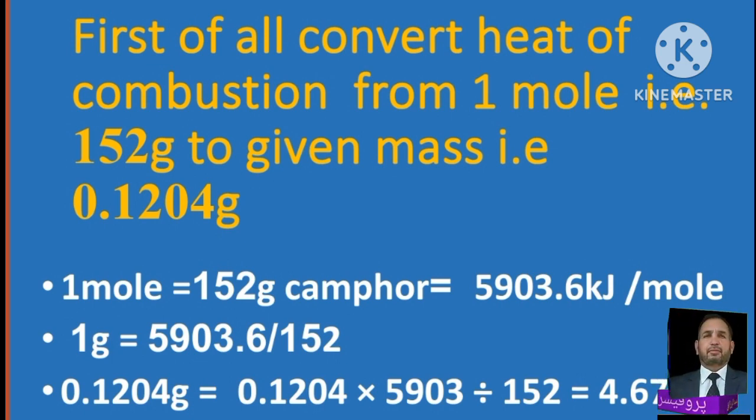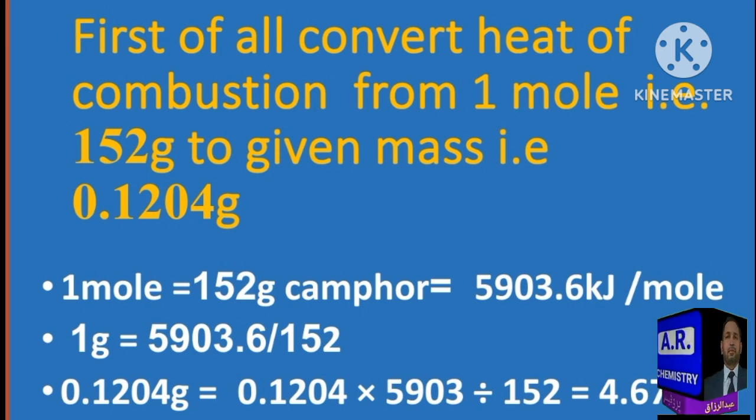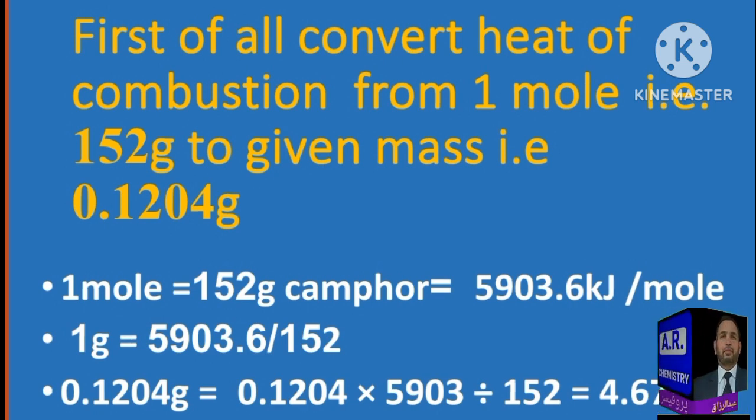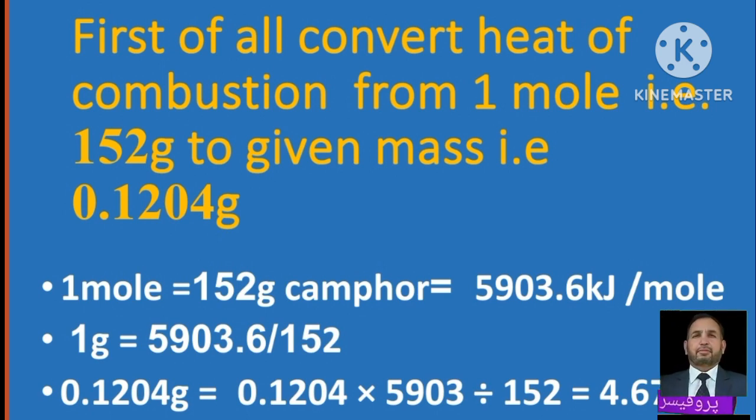So 0.1204 gram of camphor will produce heat, and the result will be 4.676 kilojoules. So this is the amount of heat that is obtained when we burn 0.1204 gram of camphor.